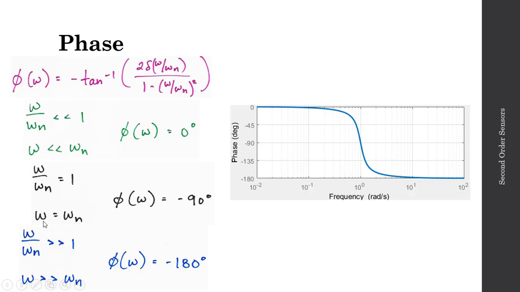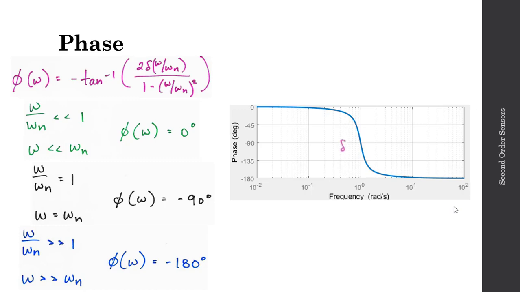And in the case where my input frequency is equal to the natural frequency of my system, as we see here, I have a phase of minus 90 degrees. So for low input frequencies, I have 0 degrees. That tracks down to minus 90 degrees of phase, and then tracks down to minus 180 degrees of phase for large input frequencies.